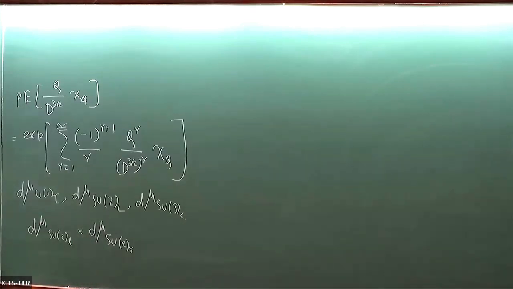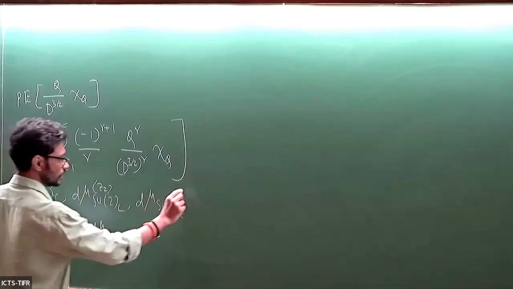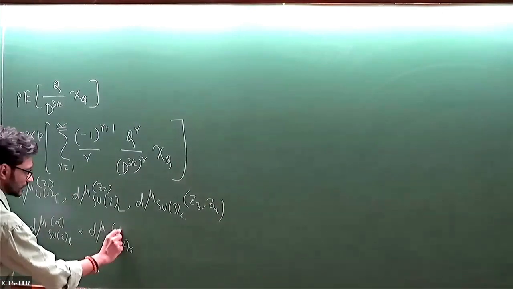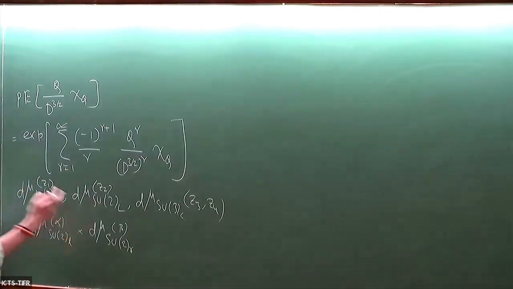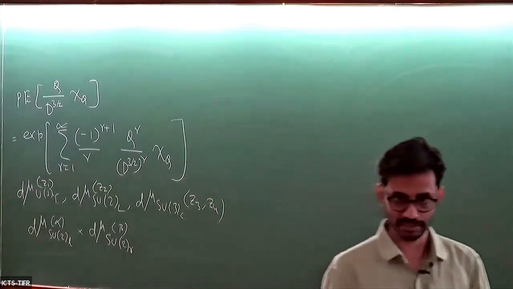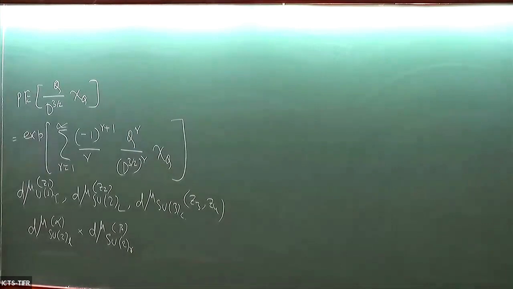But the functional form would be exactly the same. So you have to remember that this will be a function of Z1, this Z2, this Z3, Z4, this alpha, and this beta. But the functional form of this thing will be the same. So if you can relate this information, that will be more minimalistic. Once you calculate for d mu SU3, for example, now you have a flavor symmetry, let's say SU3L cross SU3R, right? You don't need to calculate them separately. What you do is change the coordinates. You define some different coordinates.